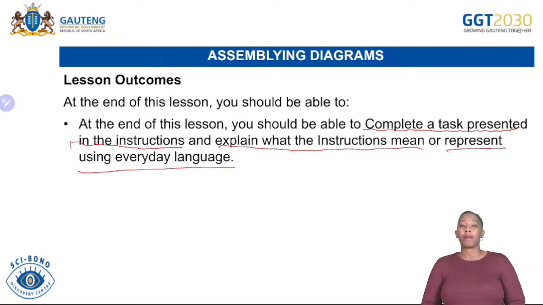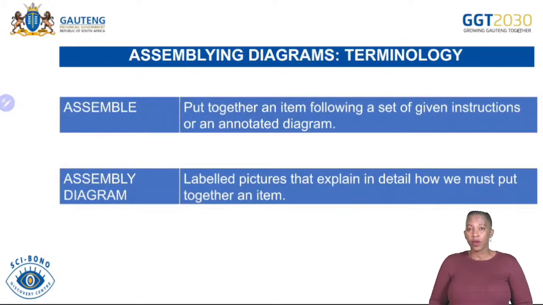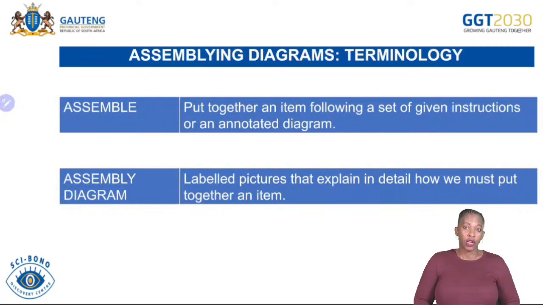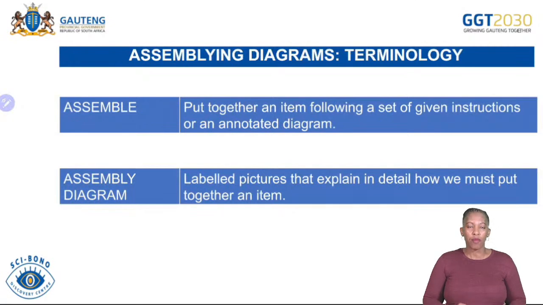Remember now, when we talk about assembling diagrams, when we buy TVs at home, they don't come connected. You find it comes inside a box, and then when you get home, you have to put all the parts together to make sure that it is perfectly assembled, and then you are able to mount it.